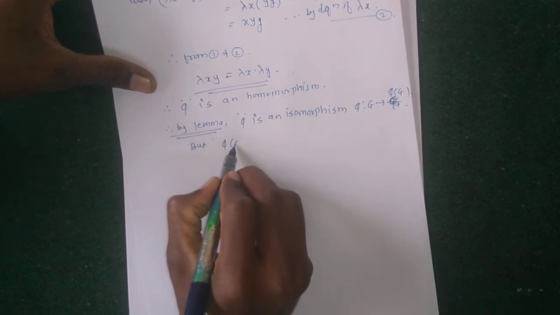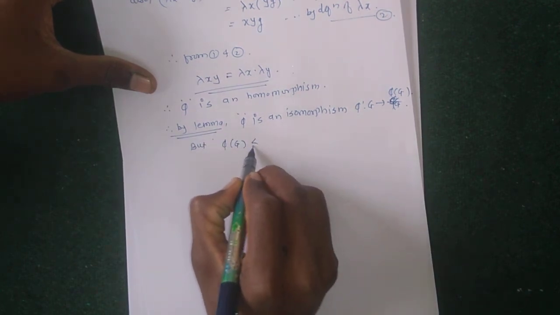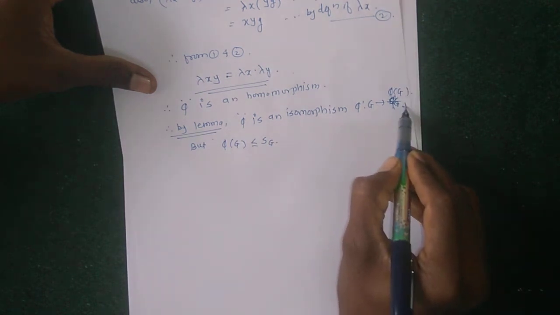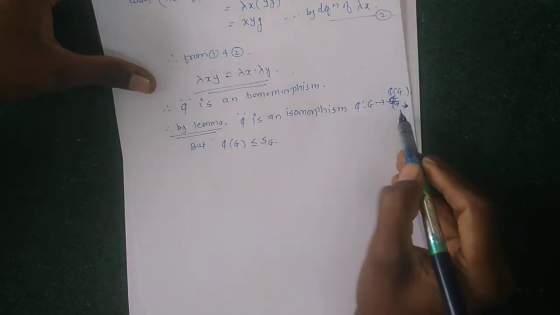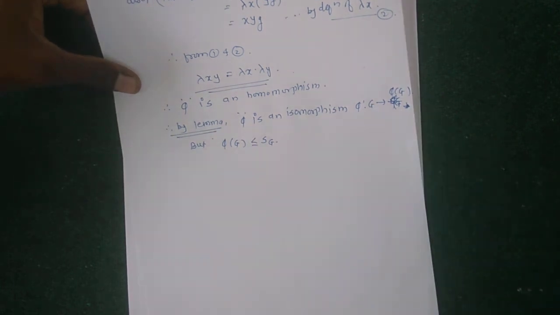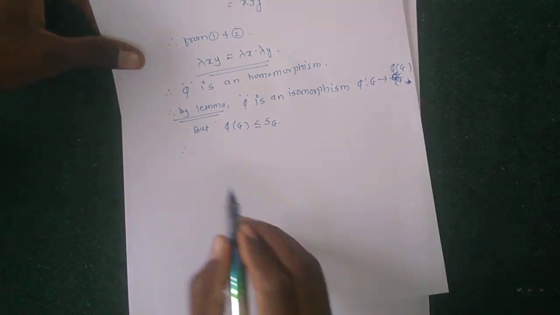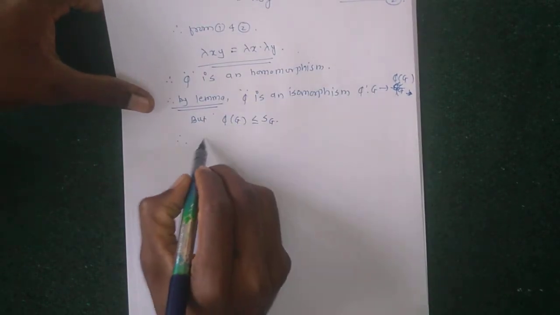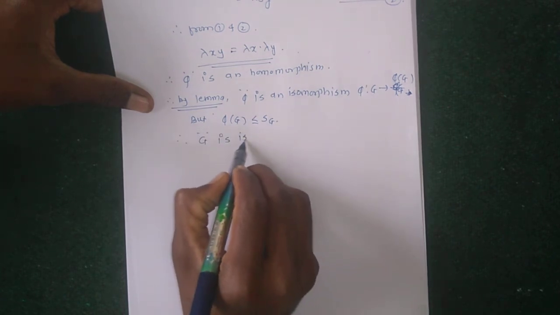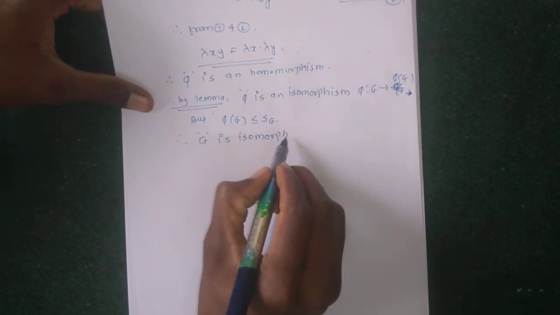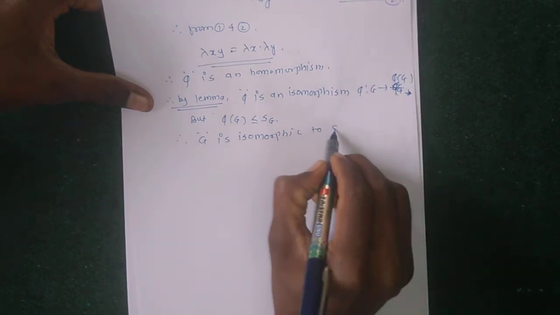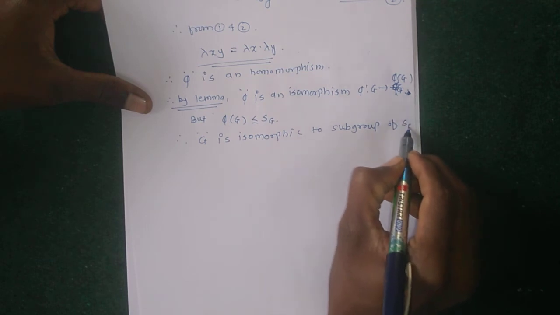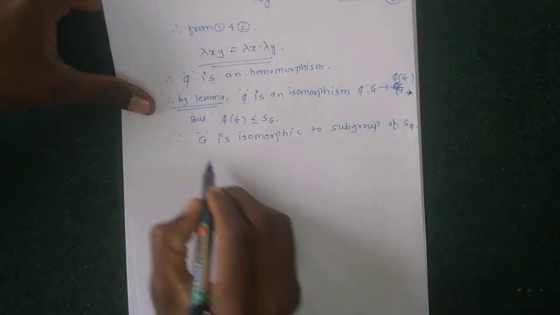But phi of G is a subset of SG, because here the codomain is the set of permutations, sorry, the group of permutations. Therefore phi of G is a subset of SG, which implies that G is isomorphic to a subgroup of SG.